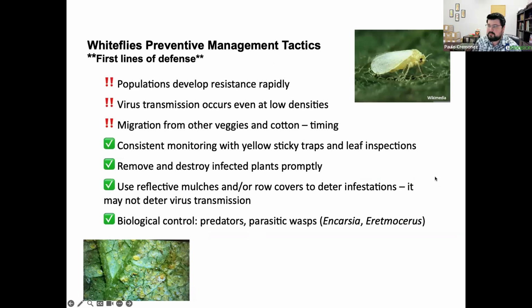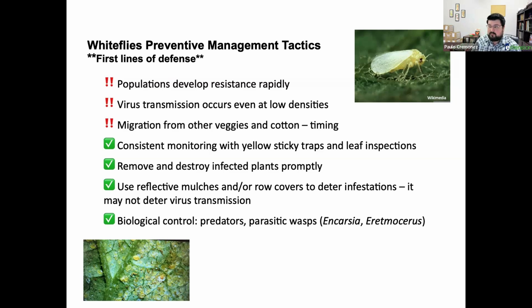For preventive management tactics, again, you can use the first line of defense, just like for thrips. Like I said, the populations develop resistance quickly, so we always have to rotate the chemicals. Virus transmission can occur even at low densities, so even with the first lines of defense.